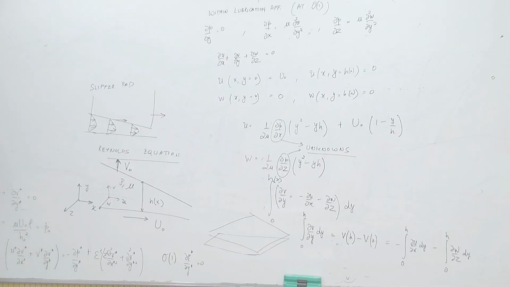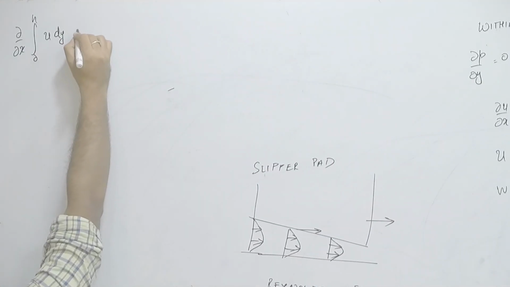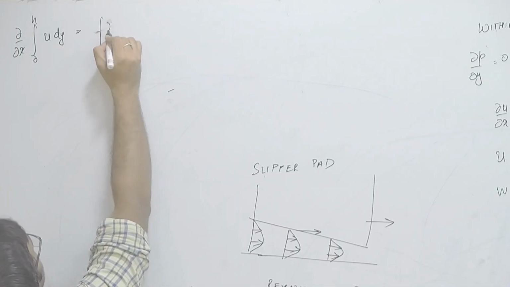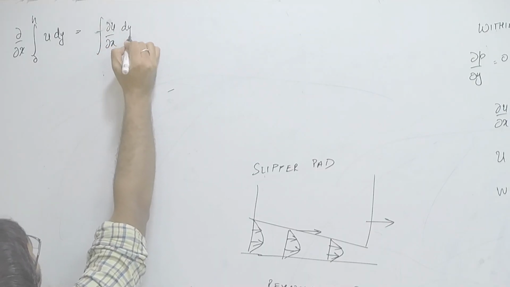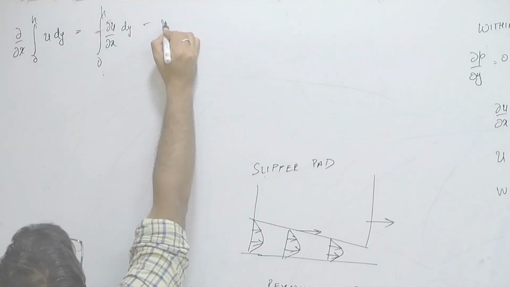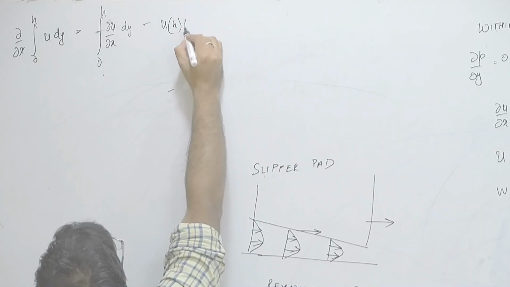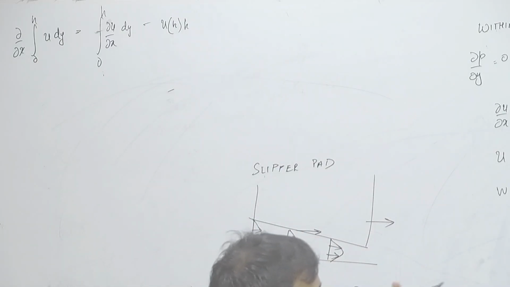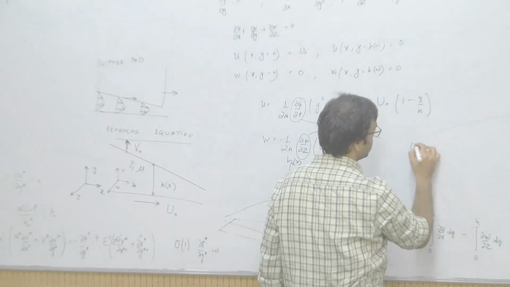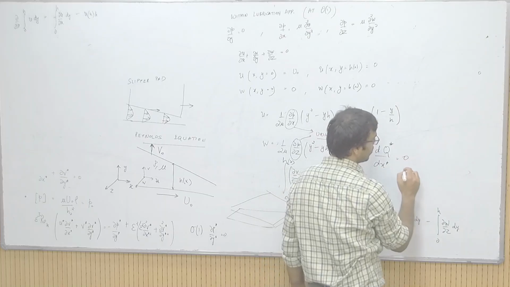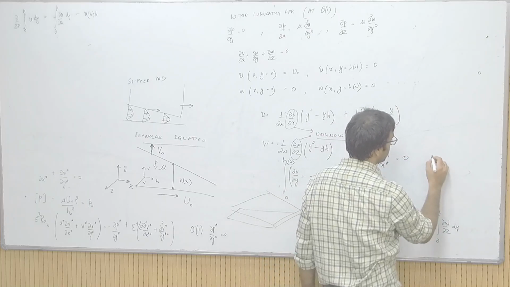So, we know that this thing, if I write it like this, then it is simply the integral of del u by del x dy 0 to h minus u at h into, actually there it should have been h prime. Just fix this in your derivation when we showed that dq star over dx star is 0. I think I did not write h prime, I wrote h.